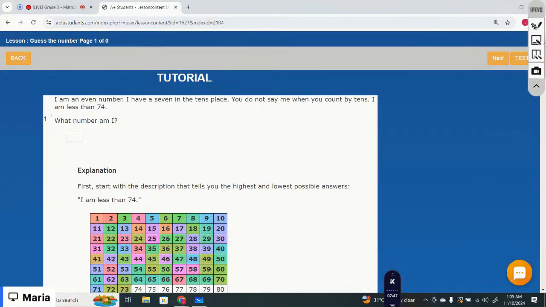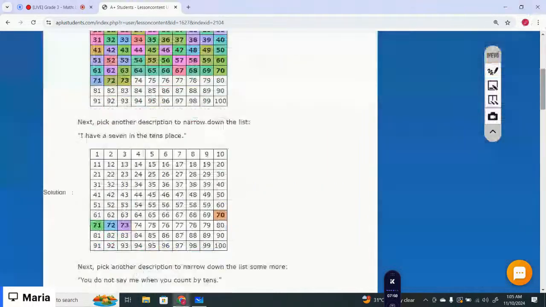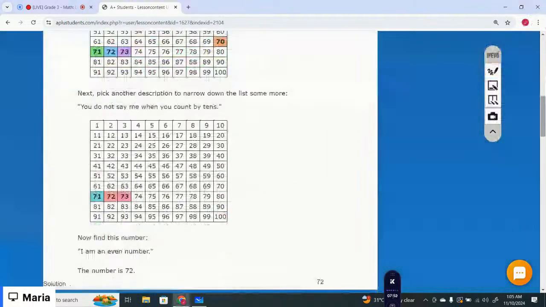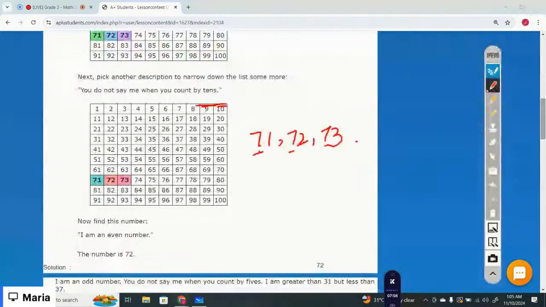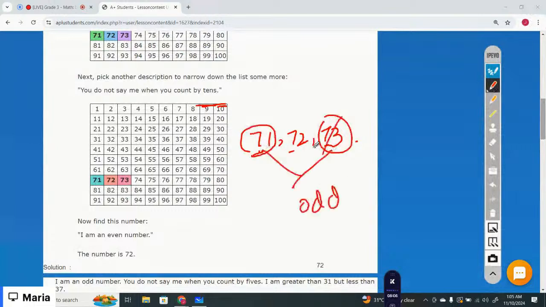So, how do you find it? You have these three numbers. Now, the number is even, right? You are left with 71, 72, 73. So, 71 and 73 are odd numbers, right? That means they are not the required number. You are left with only 72. 72 is an even number, so the number is 72.